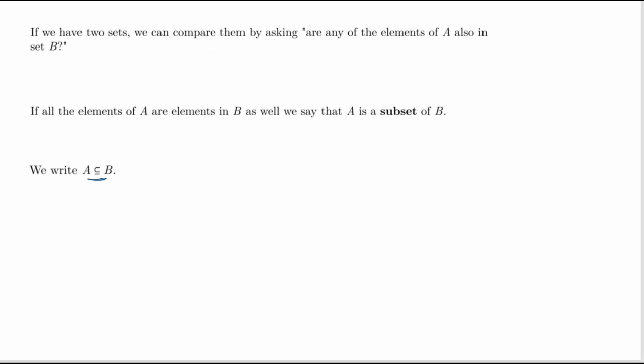Okay? So let's try to understand some examples. First of all, let's say that I have a set composed by fish, and I want to compare this set that has only fish to this other set that has fish, cat, and dog.